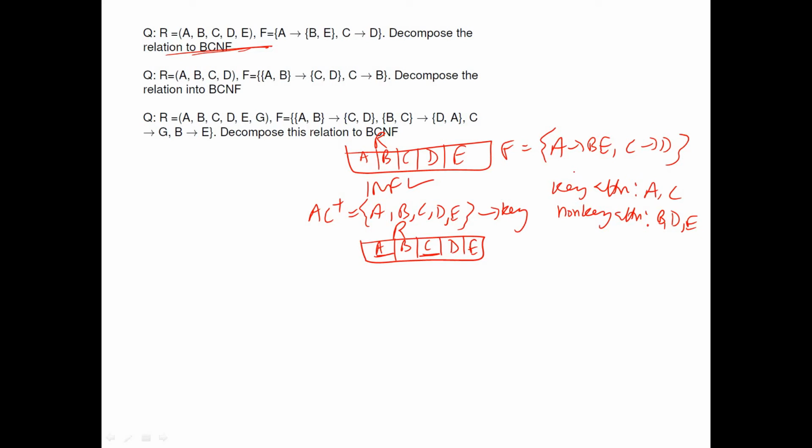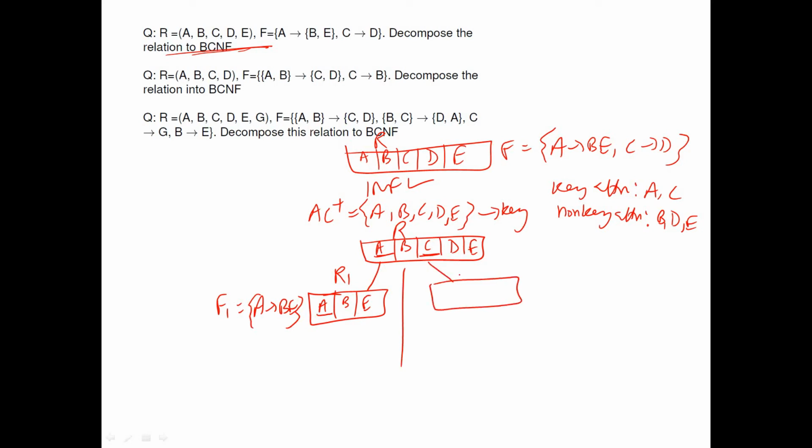Yes, B, E are depending on A. So that has to be separated out. That is A, B, E. Let it be R1. A is the key. F1 contains A to B, E. The other details are available as R2 containing A, C, D.